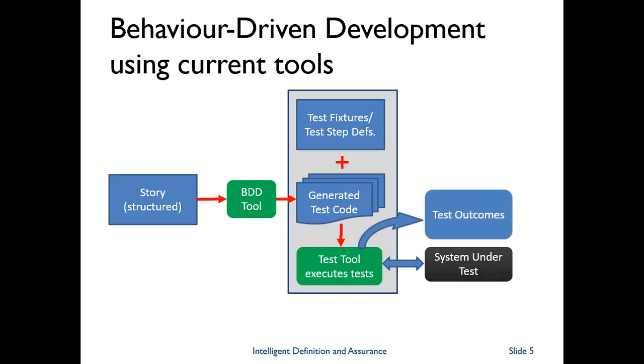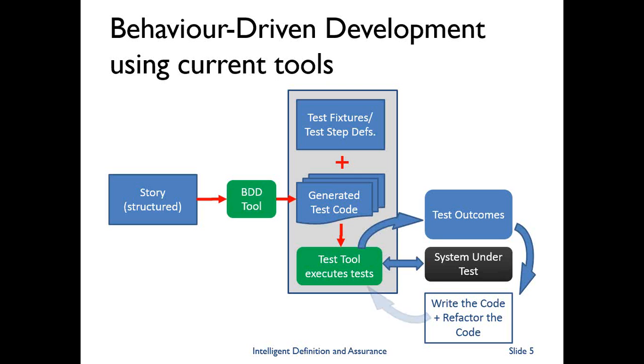So we can run a test which generates test outcomes. The developer who is running these tests knows that when they run them the first time, they will fail, of course, because the feature under test does not yet exist.